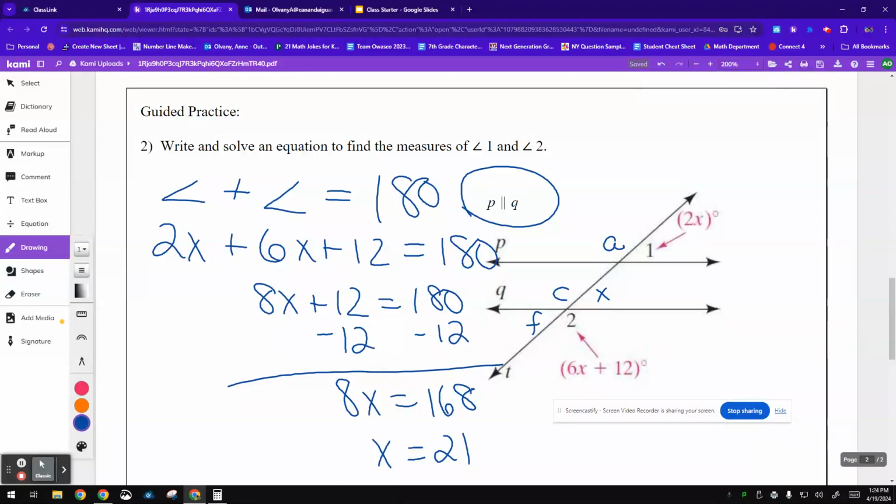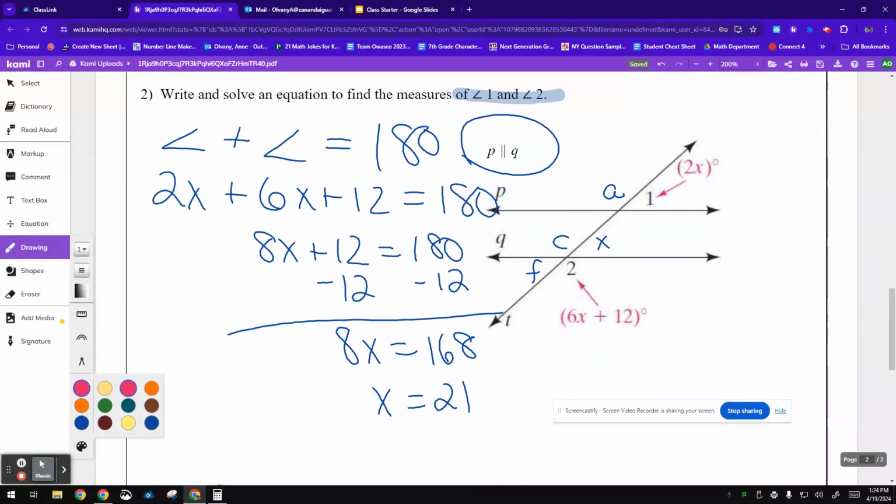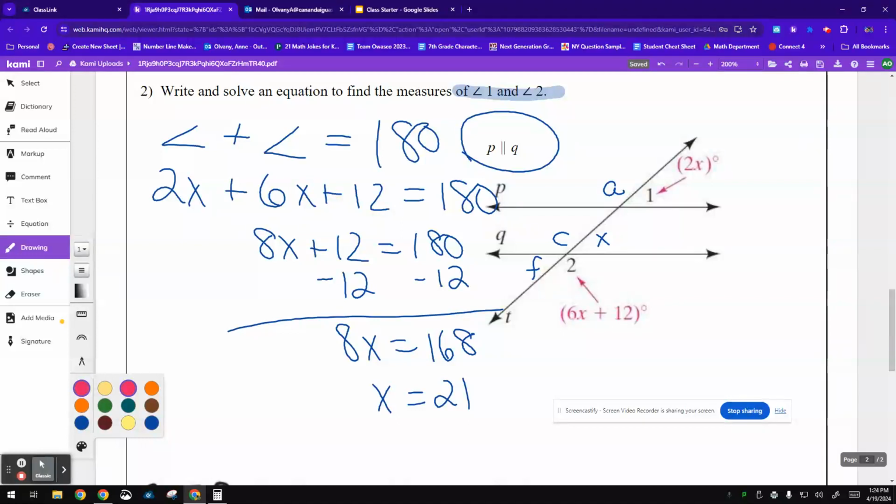Write and solve an equation to find the measures of angle 1 and angle 2. Can I walk away from this question just yet? I cannot. So over here, I'm going to say angle 1 equals 2x, which means 2 times 21, which is 42 degrees.